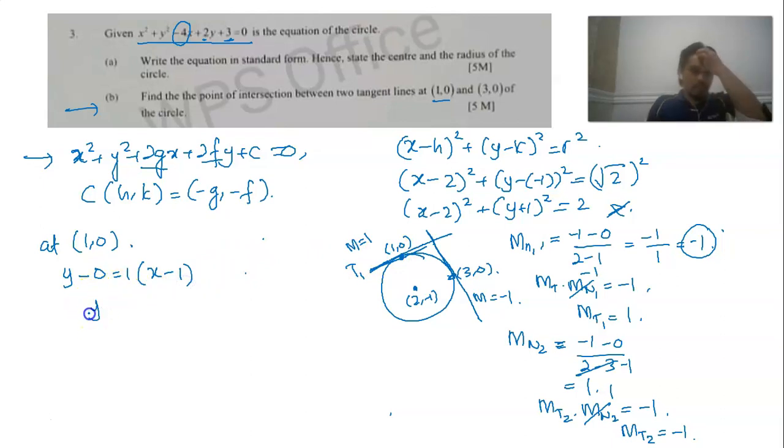So then it is y minus 0 equal to 1 times x, minus 1 times 1, so y equal to x minus 1.